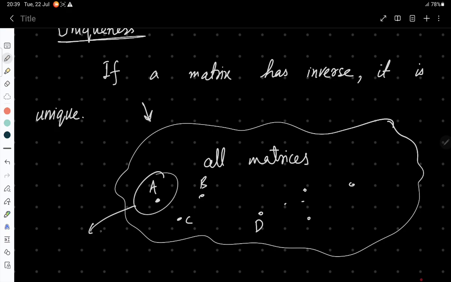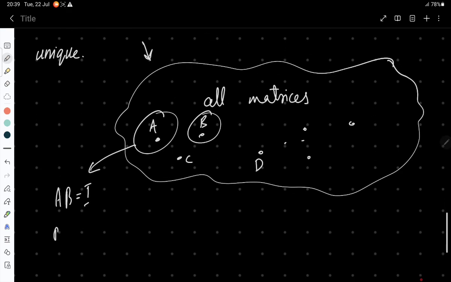For example, if A has an inverse, suppose that B is the inverse of A. I mean, if A times B is identity and similarly B times A is identity, and B satisfies this property with respect to A, then there is no other matrix which will satisfy the same property with A. So matrices that are inverses of each other come out like twins, as mentioned in the lecture.